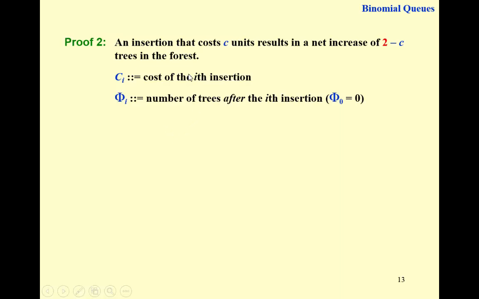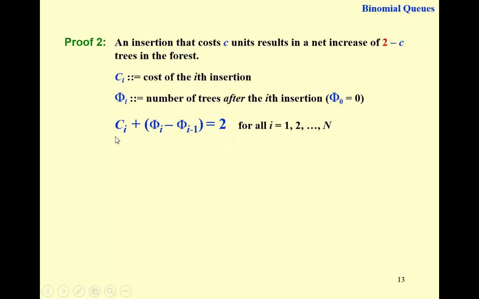According to this observation, what is the net increase of trees? This is before, this is after, and this difference gives the net increase of the number of trees after the ith insertion. This increase is supposed to be 2 minus the actual cost.